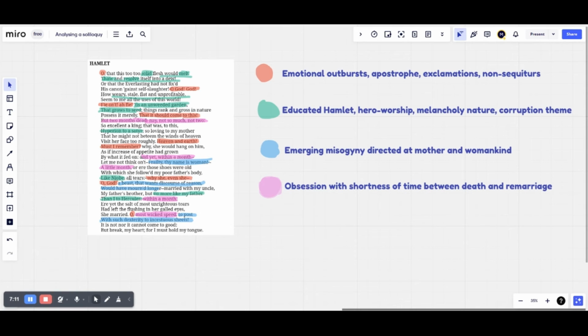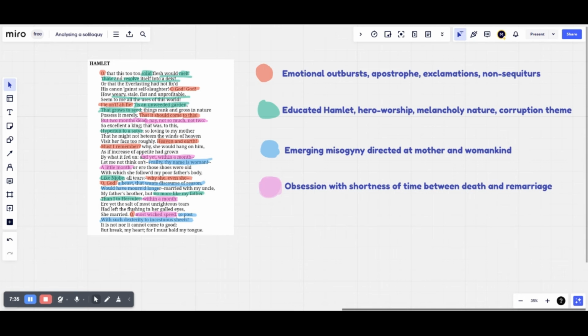We see that with the negative imagery that introduces the corruption theme. "'Tis an unweeded garden that grows to seed. Things rank and gross in nature possess it merely." So themes emerge: the melancholy, suicidal Hamlet, the Hamlet that's aware of the corruption he's surrounded with.